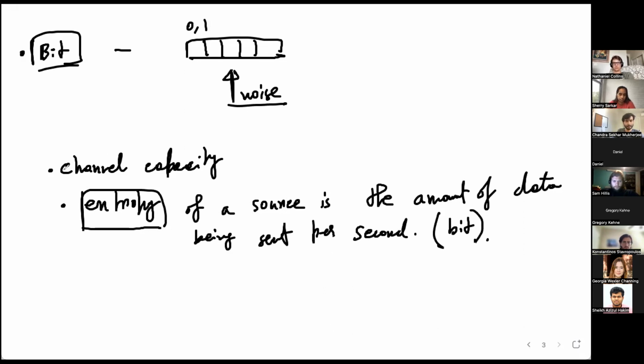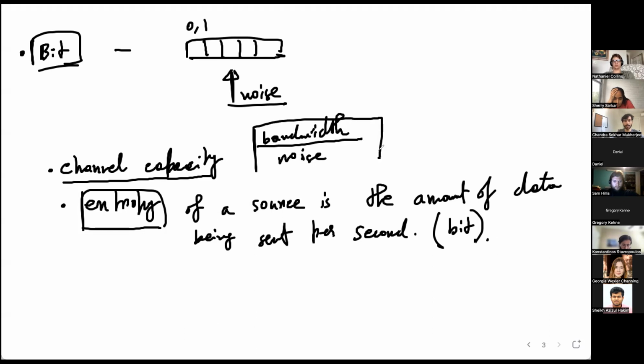And then the channel capacity is dependent on many conditions such as bandwidth and so on that you must have seen. Bandwidth is like, what is your source of communication essentially. And then you also have noise. So this bandwidth and noise define this channel capacity.